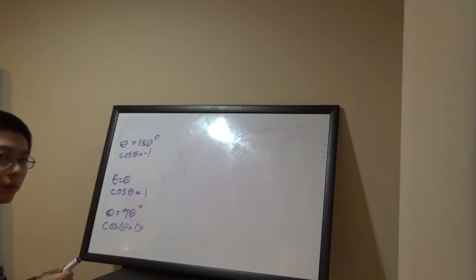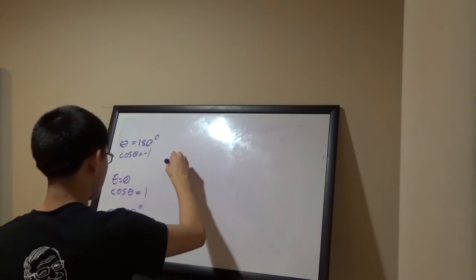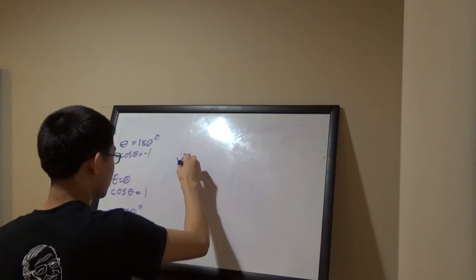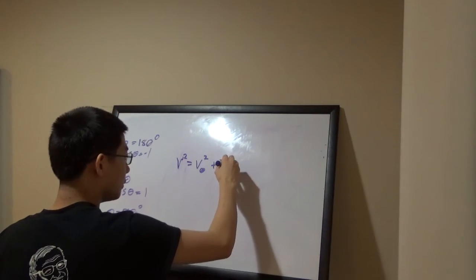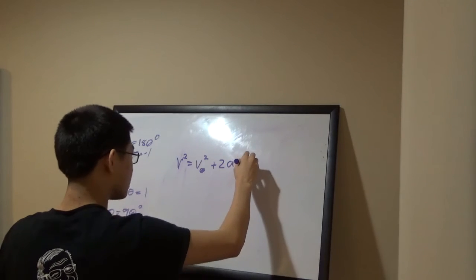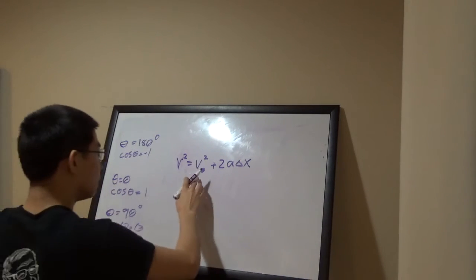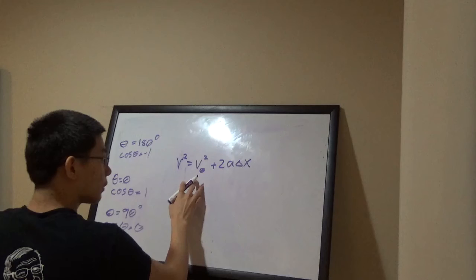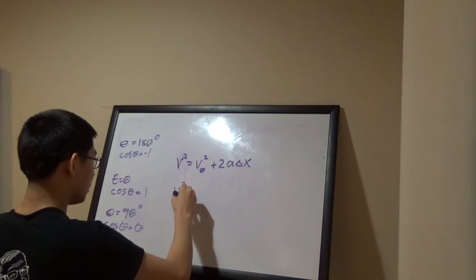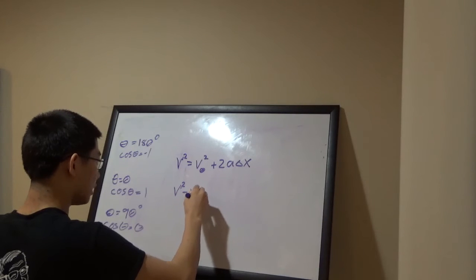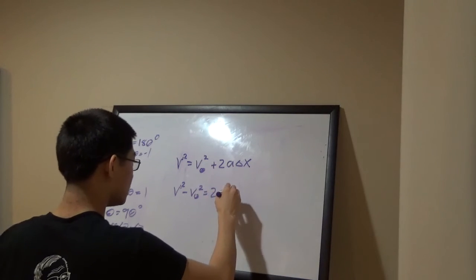So we know that v_f squared is equal to v naught squared plus 2a delta x. Here we can move this onto this side, so we get v prime squared minus v naught squared equals 2a delta x.